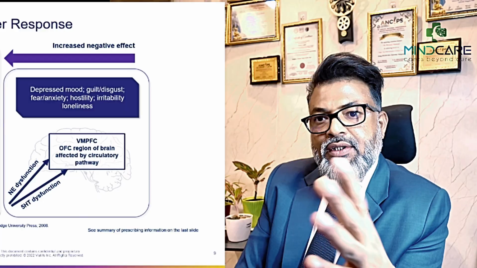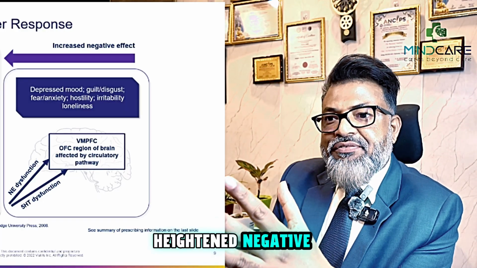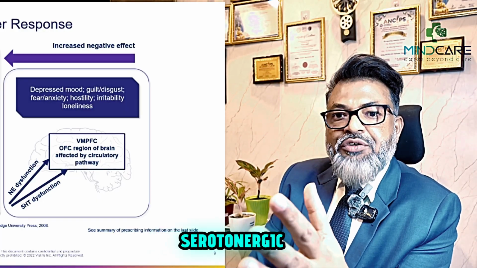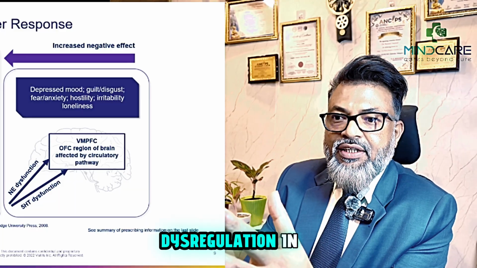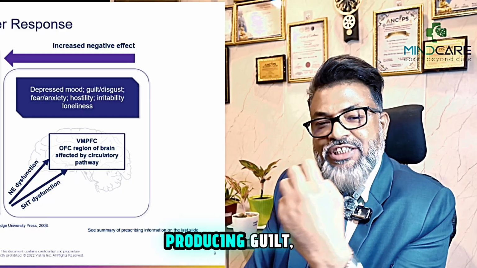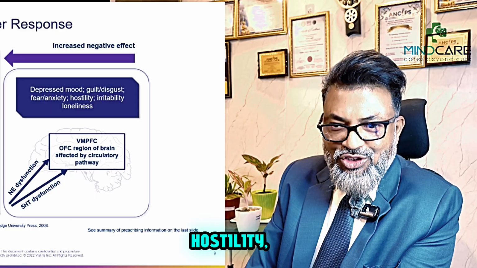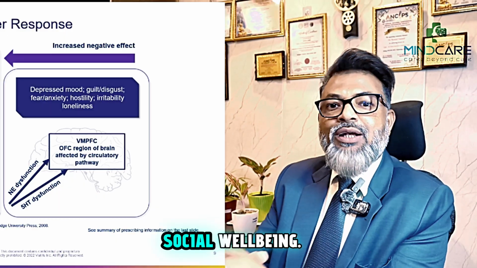On the right-hand side, we can see this heightened negative affect arises from serotonergic and noradrenergic dysregulation in overlapping circuits, producing guilt, anxiety, hostility, irritability, and social withdrawal.